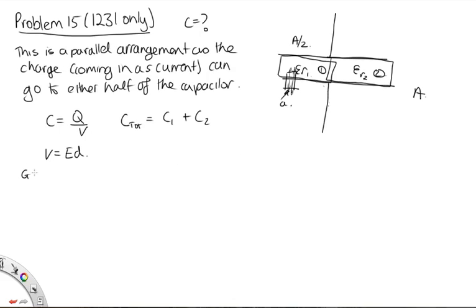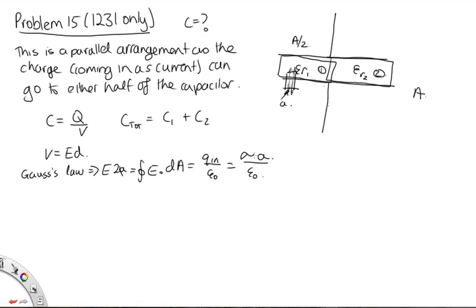So Gauss's law tells us that E dot dA is equal to Q enclosed over the epsilon naught. The Q enclosed is the surface charge density times the area, over epsilon naught, and this is a constant electric field, so we can pull it out the front of the integral, and then the surface area that we're considering is the two ends of this cylinder, so this is 2A, or prism, it doesn't have to be a cylinder.